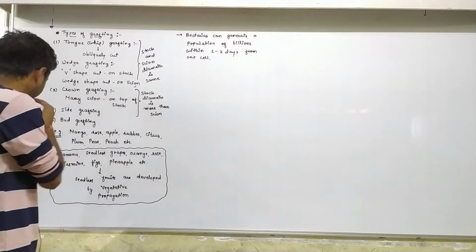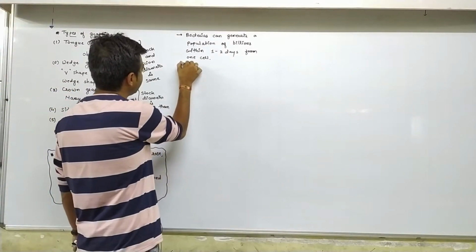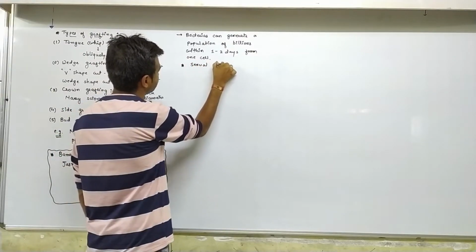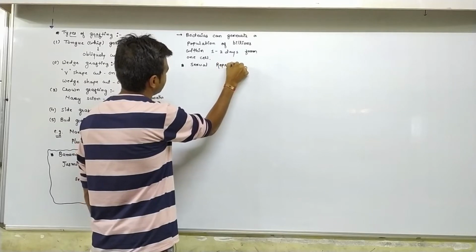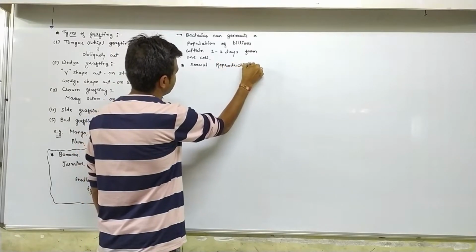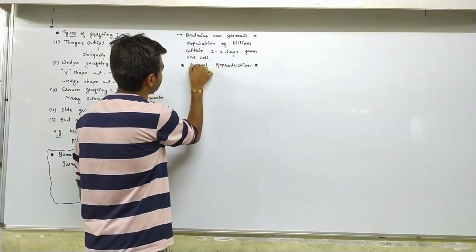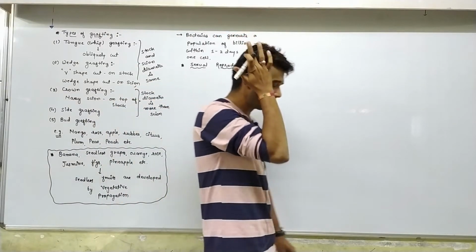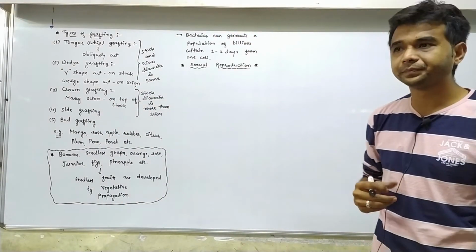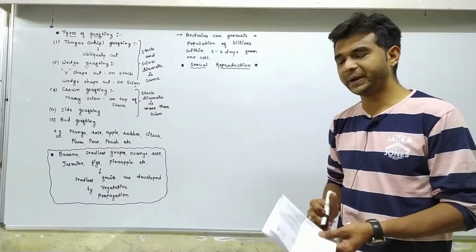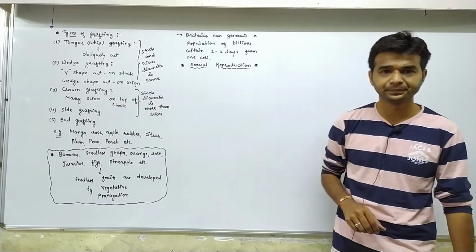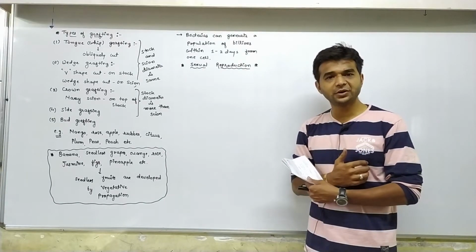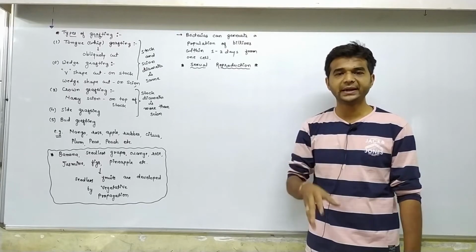Now, the sexual reproduction heading. Here, in sexual reproduction you know that two parents are involved, but sometimes sexual reproduction occurs in only one animal.